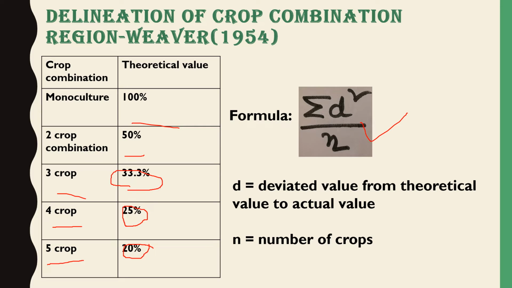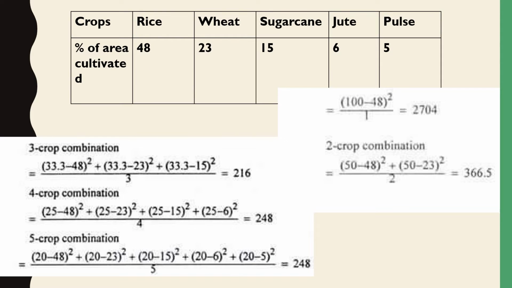So these are the theoretical values of different crop combinations. Okay, coming to the next slide. In the previous slide we have shown all the theoretical values of different crop combinations, but these are not absolute values. These are theoretical values. In reality, these theoretical values don't exist.